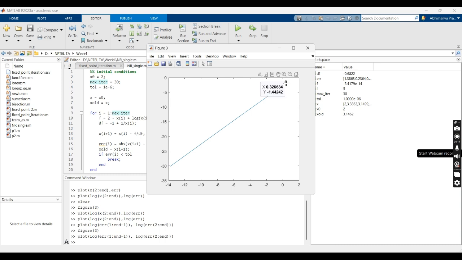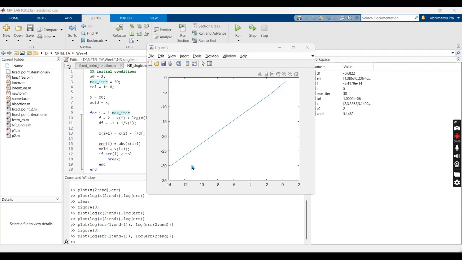If I calculate the slope of this, okay, so we are plotting the log of error at the current time step versus the previous time step. So the slope of this curve should be the integer 2 or close to a number 2, right? So if we calculate the slope of this, we have 2 points.